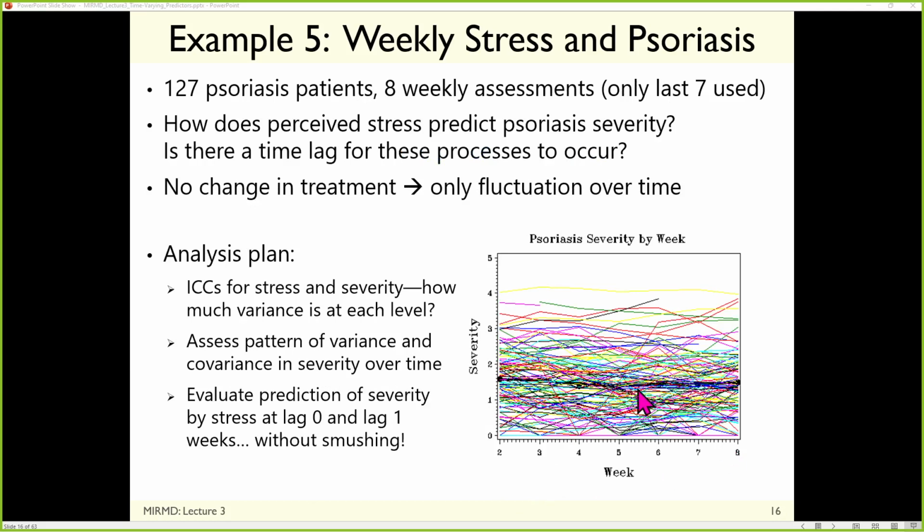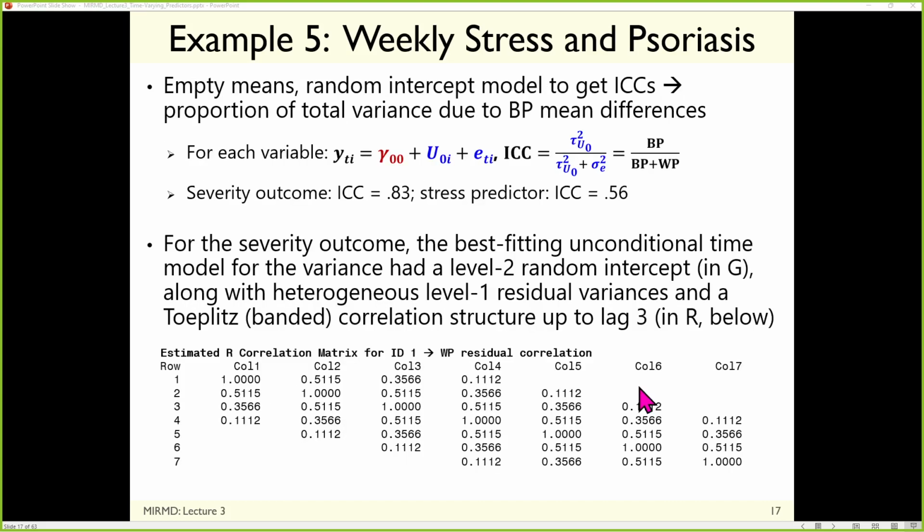Because last week's week 1 stress can predict week 2 severity, but then week 1 severity isn't predicted by anything. So those rows would be incomplete and would get deleted. So that's one significant drawback of this kind of approach, is that you have to drop the occasions that don't have the lagged predictors before them out of the model. So weeks 2 through 8 is what we're looking at here.